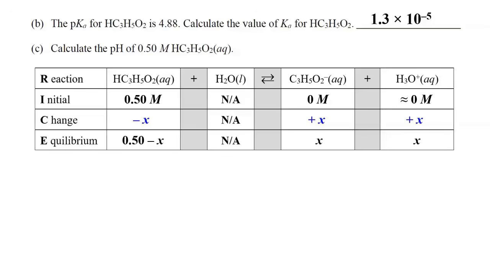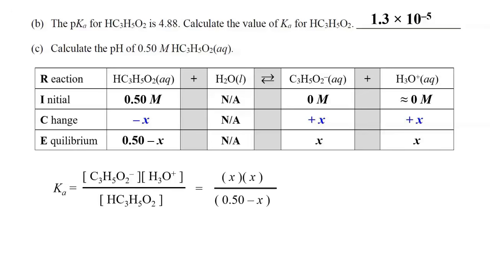Let's plug in these values from the final row of the rice table into the Ka expression. So here is our Ka expression for propanoic acid. On the top, we have X times X, and on the bottom, we have 0.50 minus X. Earlier in this video, remember that there's that simplifying assumption that we make to avoid using the quadratic formula.